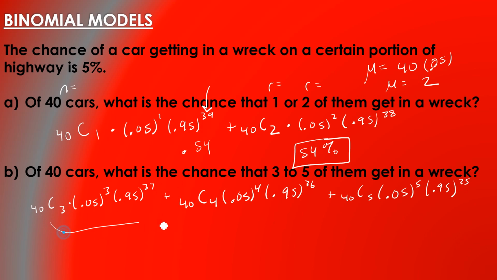And you would type all of that in, or do it in little pieces, and in the end, add them all up, and that will give you the chance that that happens.